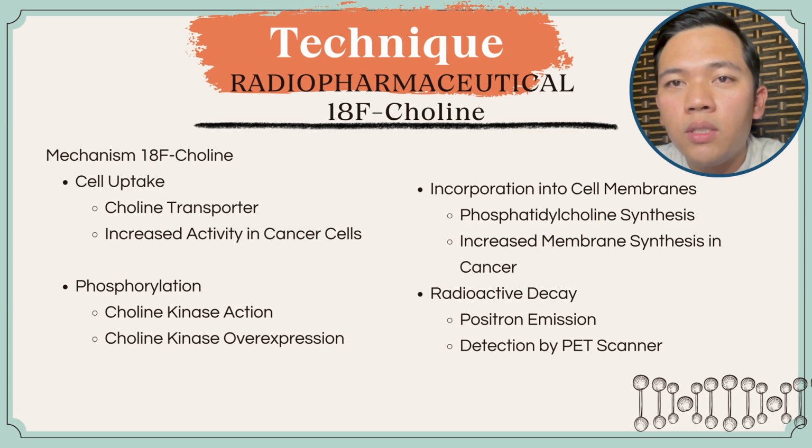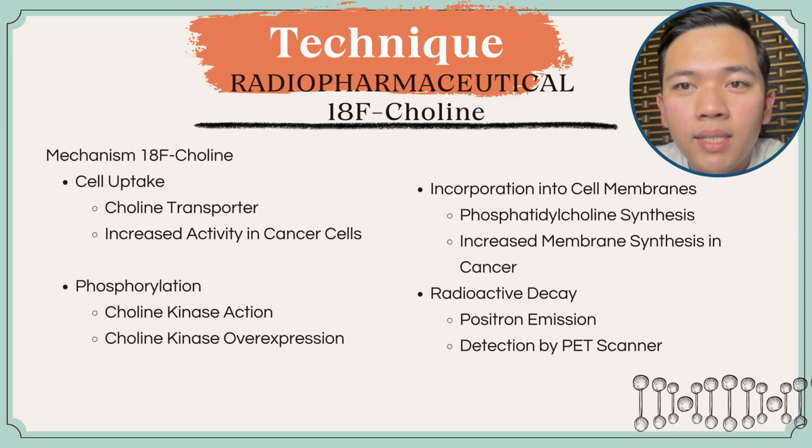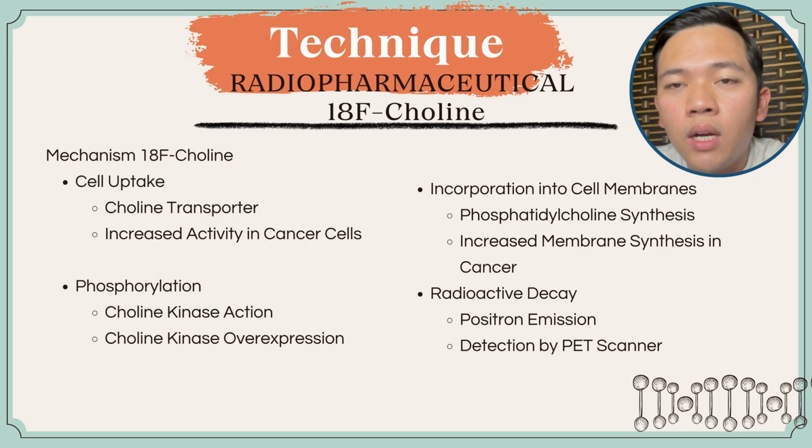The mechanism of phosphorylation. Once inside the cells, 18F choline is phosphorylated by the enzyme choline kinase, forming phosphorylcholine. This step is crucial as phosphorylcholine is a precursor in the synthesis of phosphatidylcholine, a major component of cell membranes.